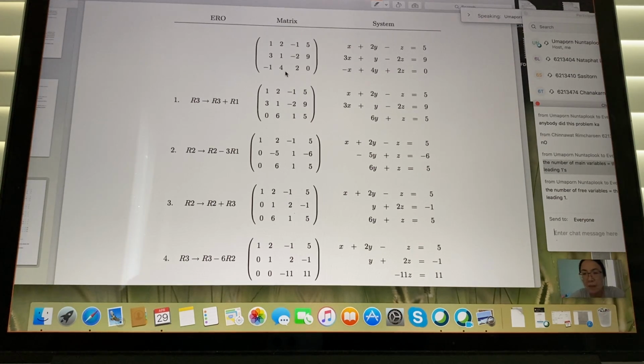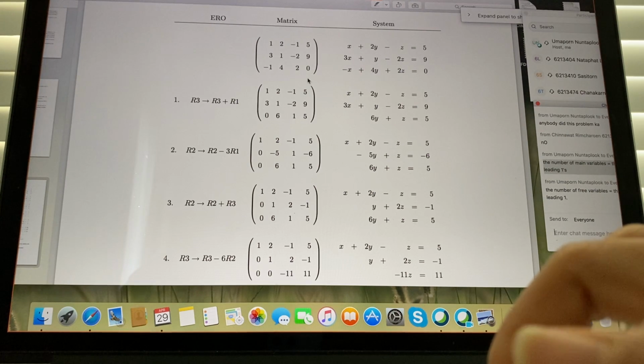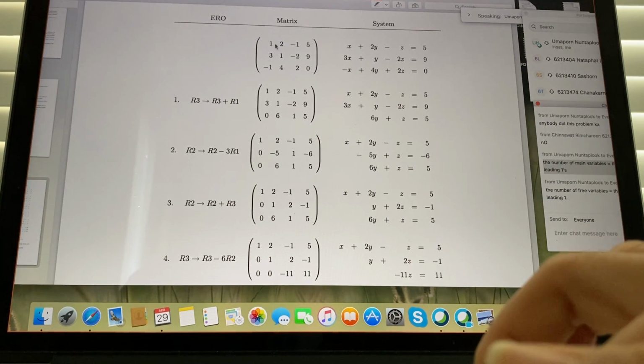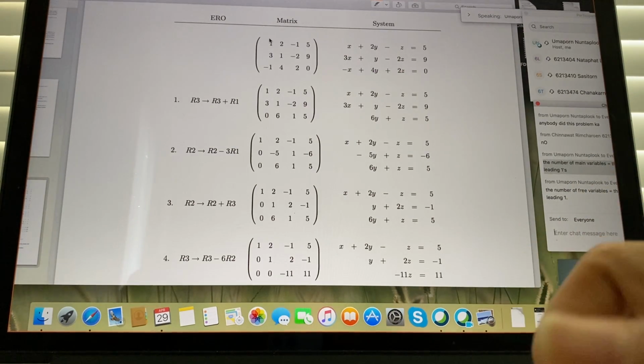If I mention row echelon form or reduced row echelon form, you have to recall the technique. You need to be able to think of it right away. All right. Once we have this, first of all, we have a leading one here. You see that? It's already done.